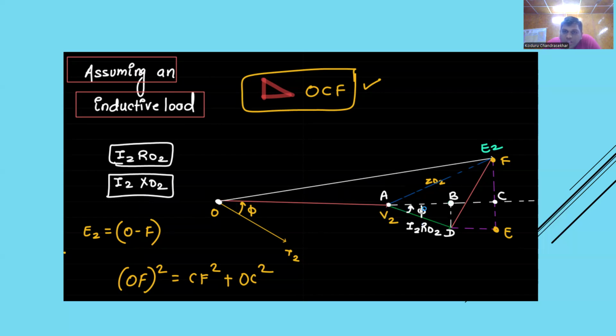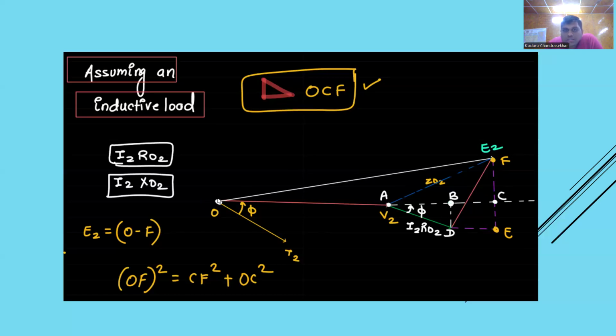After naming all this, we have to make a construction here. We will draw a perpendicular from F to E and extend it up to C, and then we'll join D and E. We'll get a right angle triangle here, so we'll apply the Pythagoras theorem.